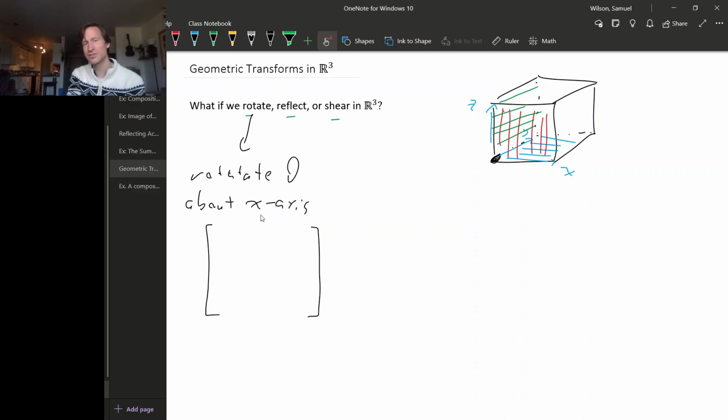So any vector that's pointing purely in the x direction won't change, and that means that we're going to end up with just a 1 in our upper left-hand corner. In fact, rotating about the x-axis doesn't change the first standard basis vector, so our first column is going to be this first standard basis vector. The only thing it changes is the y and z directions.